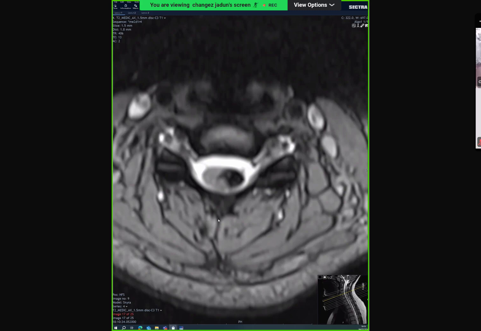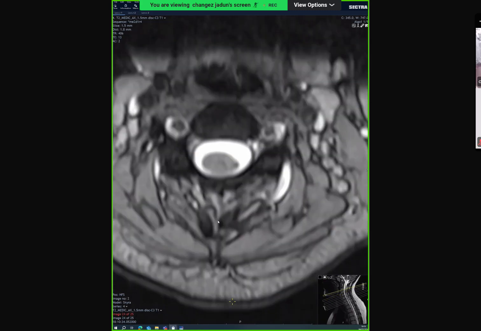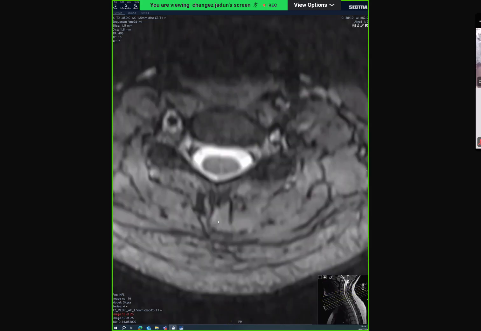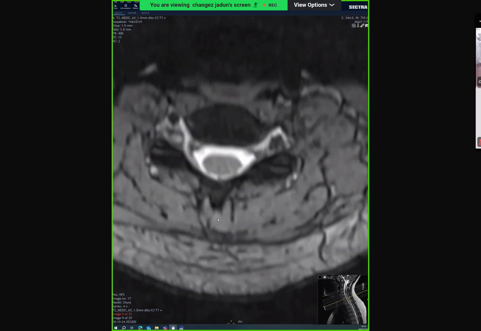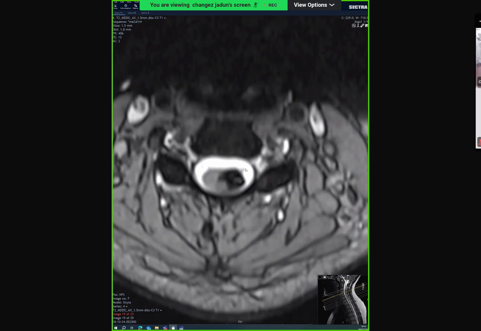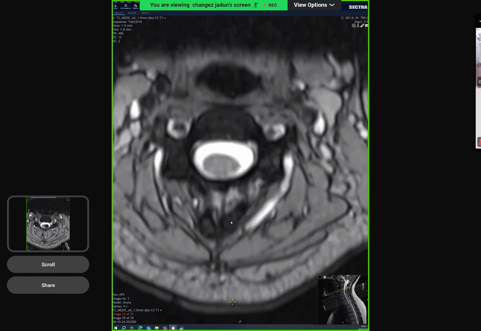So again, as we saw on the sagittal images, it's markedly hypointense with central hyperintensity on the T2 weighted images. I'd like to further see this on the gradient if they are available. This is the gradient echo T2.